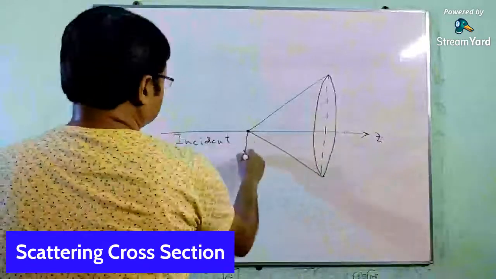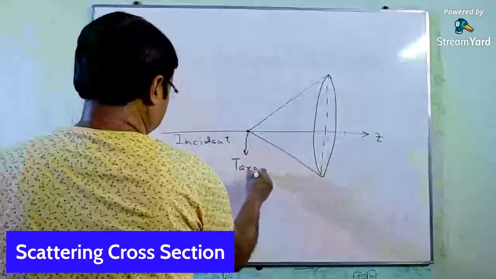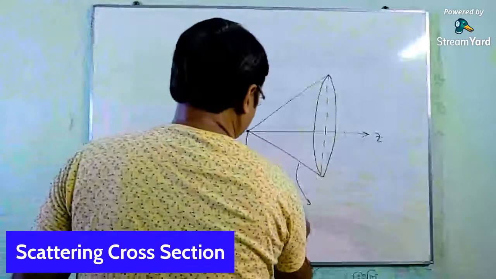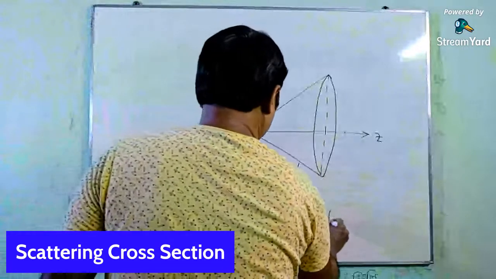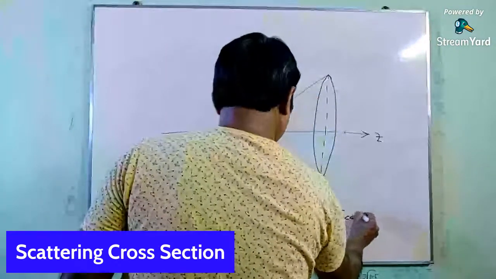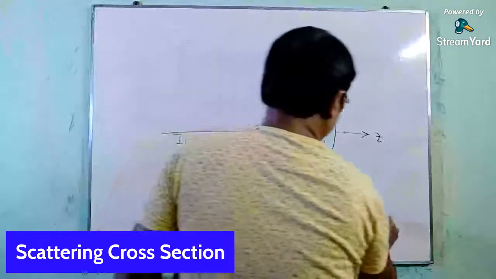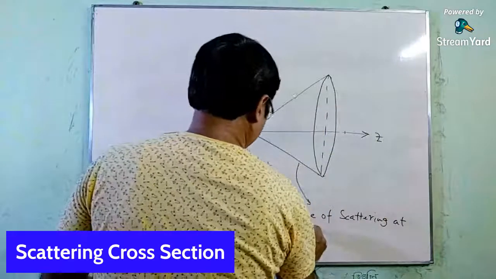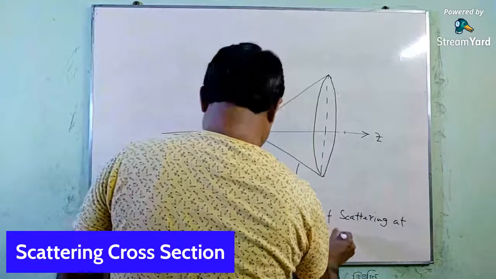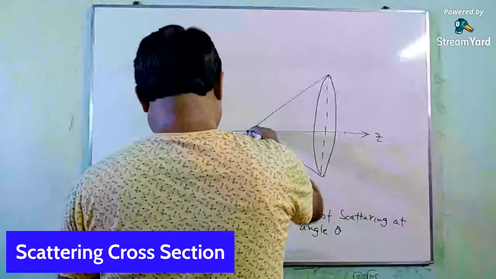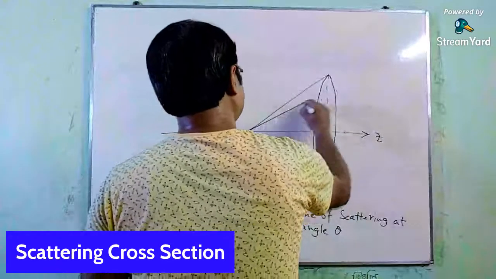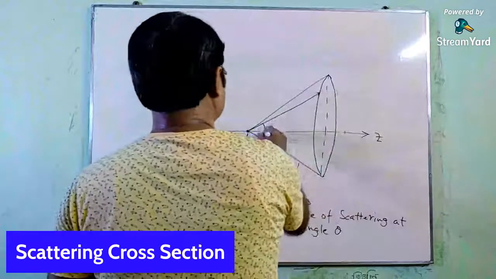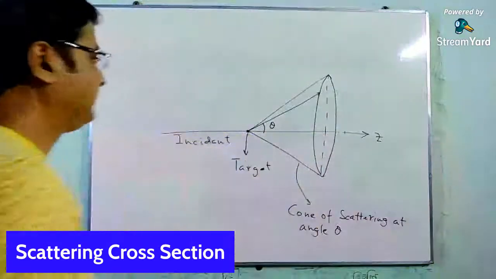This one is our target, and this is the cone of scattering at angle theta. Now, what is theta? If the scattered wave is this, then this is the angle theta.